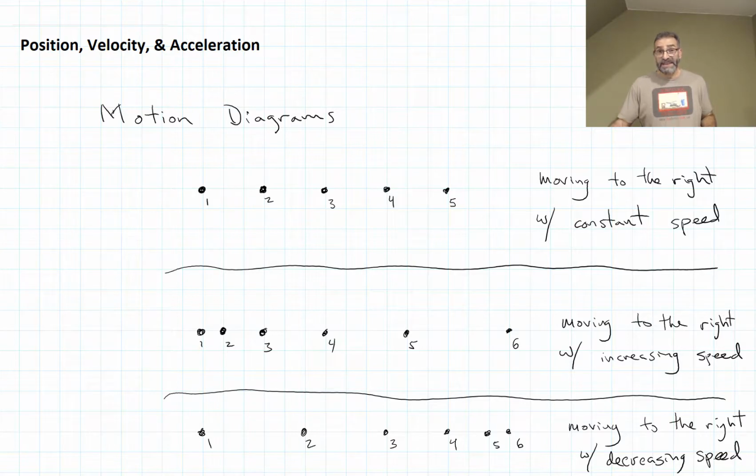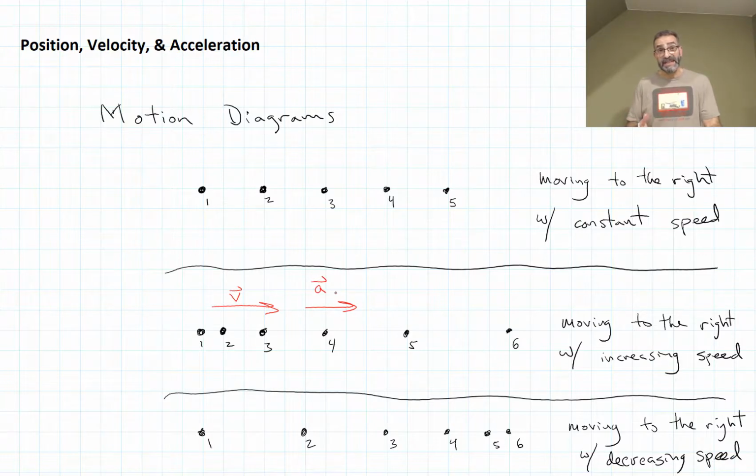So we don't know if the acceleration here is positive or negative because we never defined a positive direction. We know that the acceleration has to point opposite the direction the particle's moving. So in the previous case, the object is moving to the right, and the acceleration also has to be to the right because the speed is increasing.